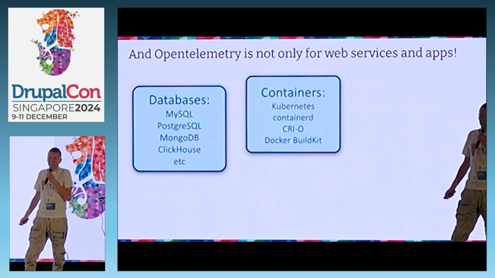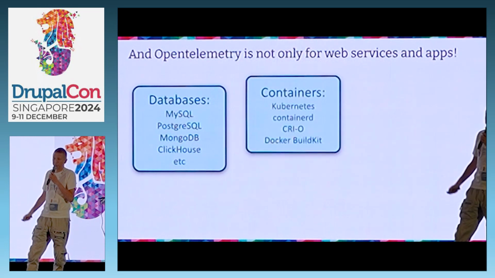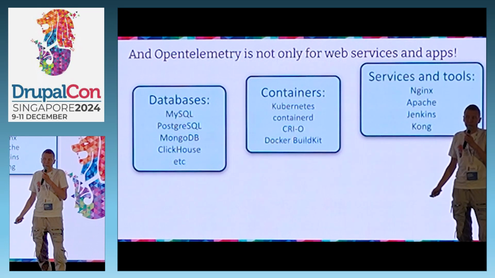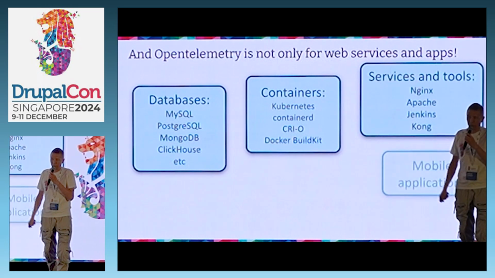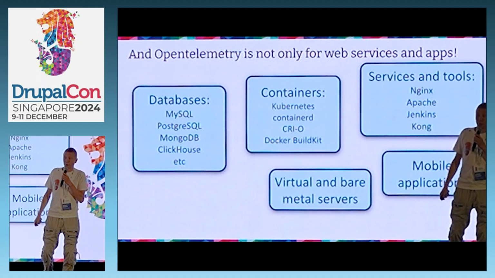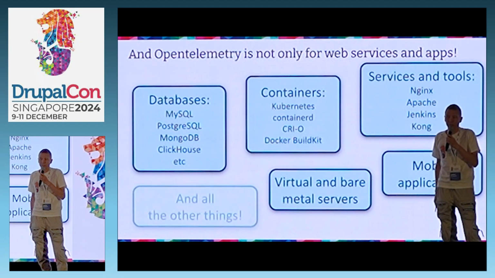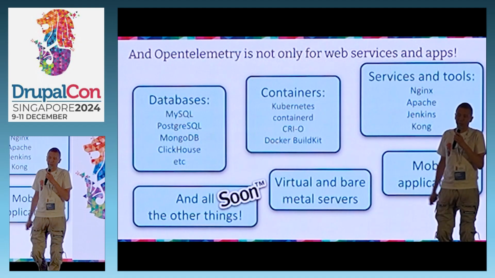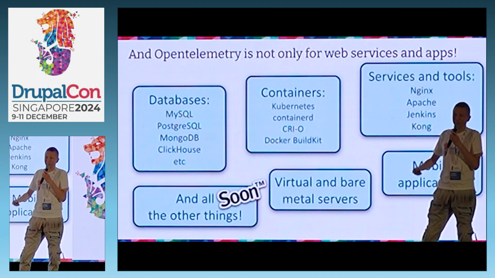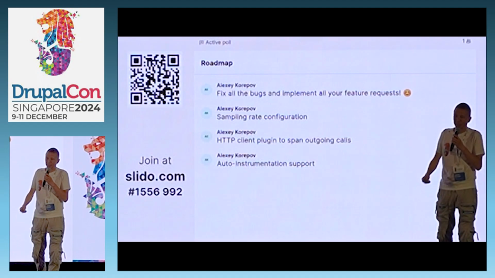Also for containers: Kubernetes, Docker BuildKit, containerd. For services and tools: Nginx, Apache, Jenkins, Kong, they are also integrated with OpenTelemetry. It works also for mobile applications, virtual and even bare metal servers. Soon it will be for all the other things, and we can live a happy life with this.